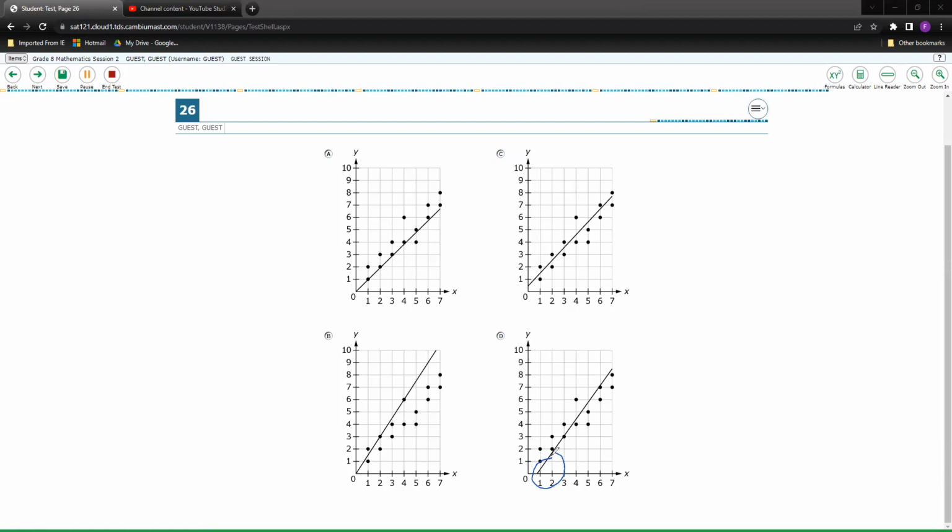Well, this one in C really does go through the middle. So this is a little crooked. The points are going this way and my line is going that way. This one is right with the points. So the answer is C.